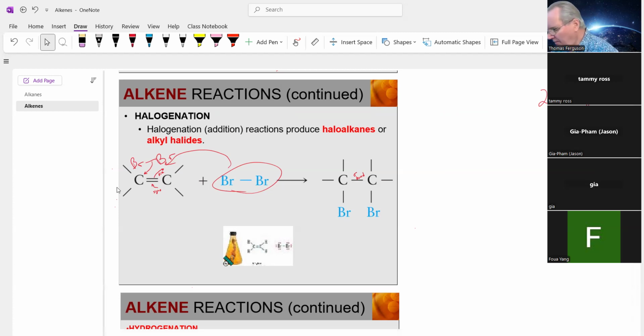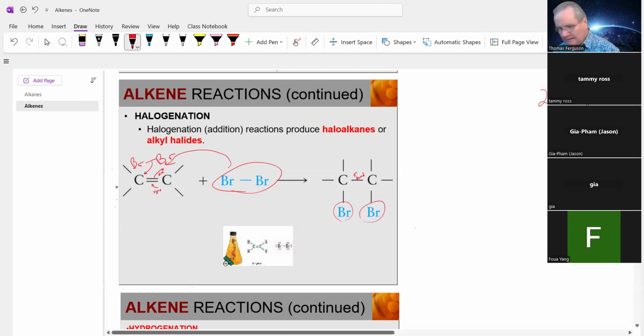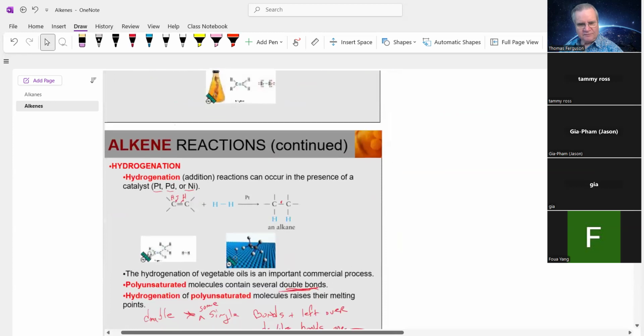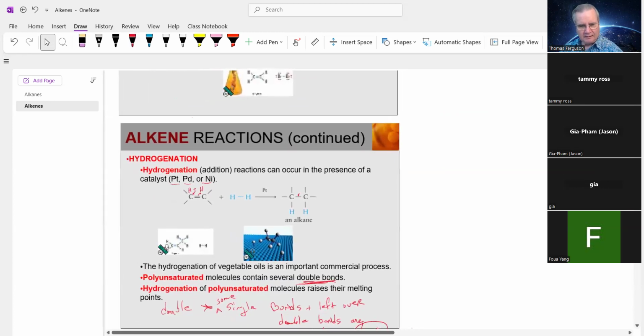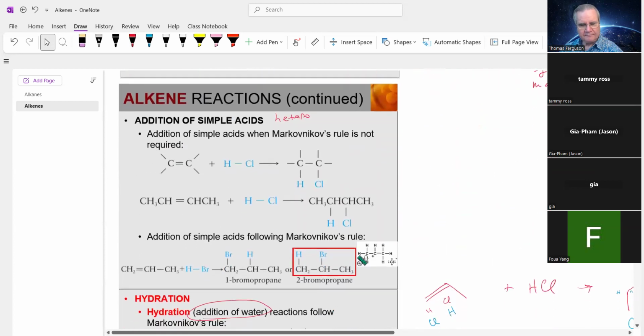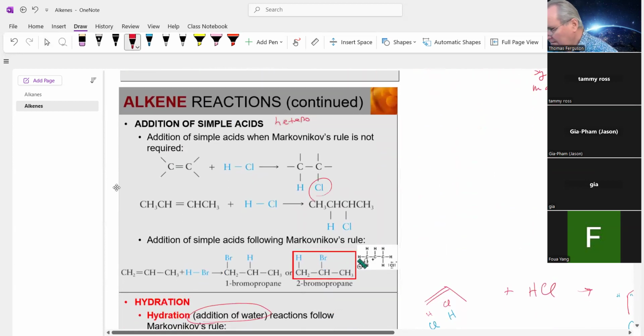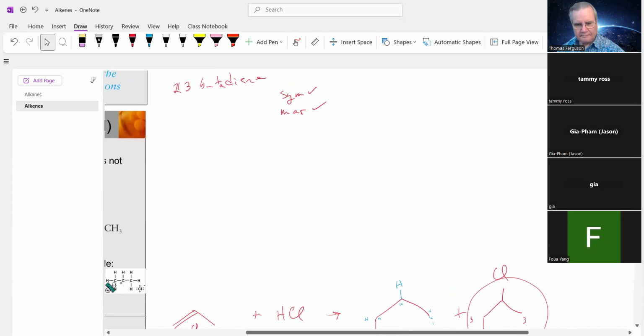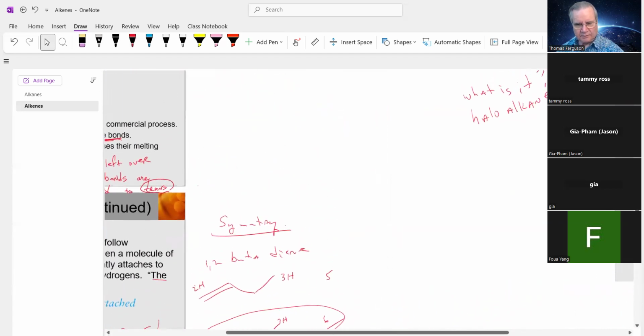One way gives you multiple branches. The other gives you a single one. So we're going to use the HCl route because we only want a single chlorine. And remember, the chlorine comes from a double bond.